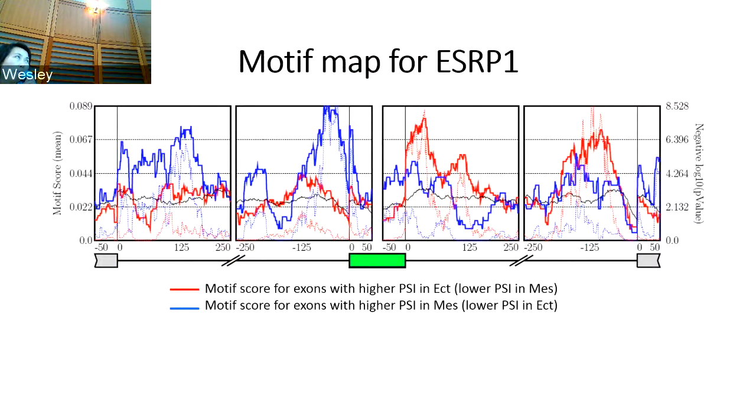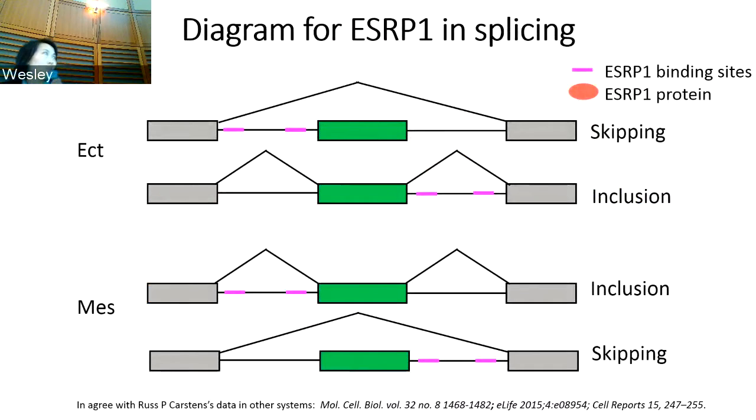This is a motif map of ESRP1. The peaks here show the enrichment of the ESRP1 binding site. What does the color mean? I will show you in this diagram. In ectoderm, the ESRP1 binding site is here, and if ESRP1 binds to the upstream intron of this exon, this exon tends to be skipped.